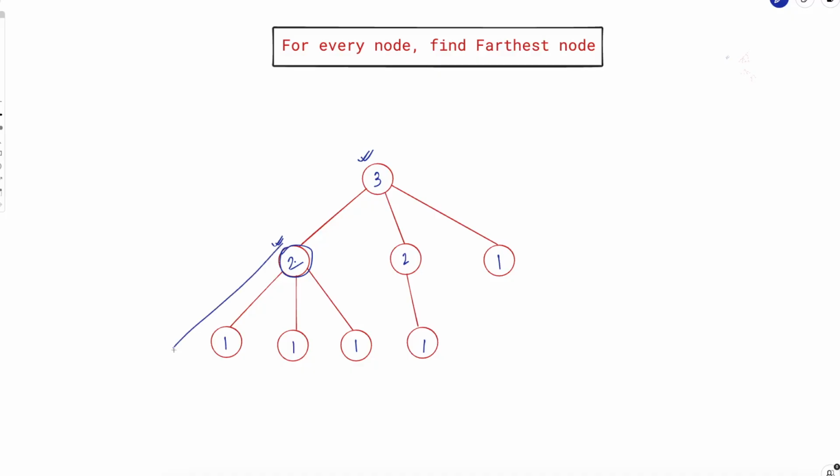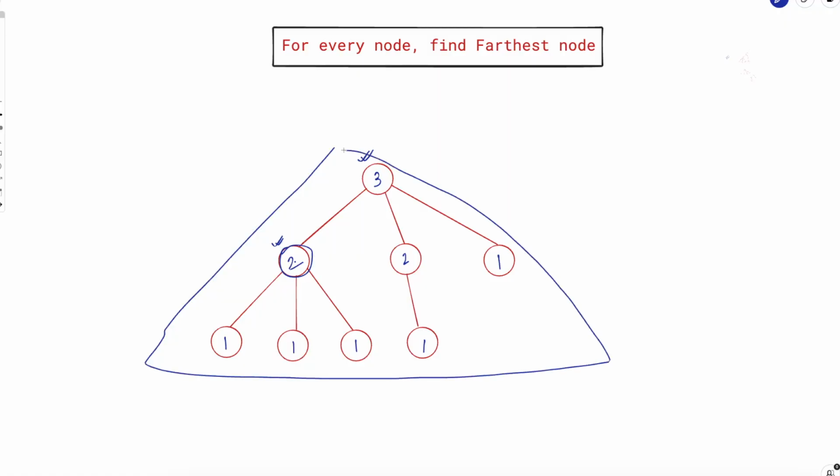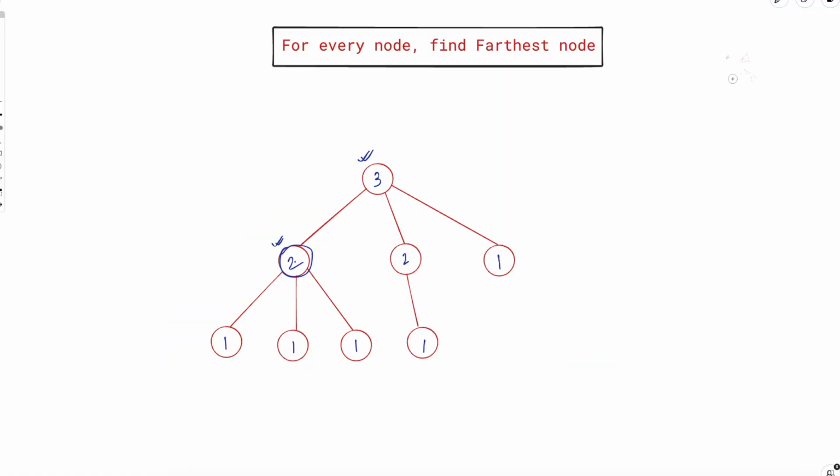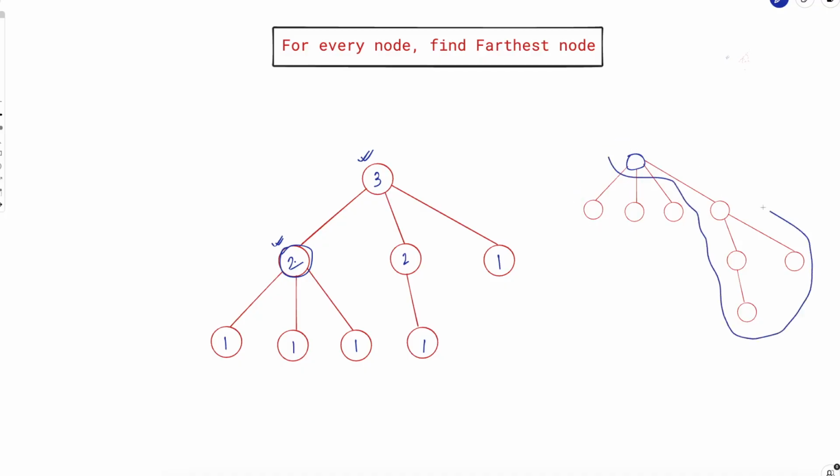Currently you know that 2 is the value for this part, but you want to know what is the value for this node in this entire tree, and for that you need to root the tree at that node, right? So one of the ways would be like you rooted the tree at this node, and you figure out the DFS. So for this tree, you want the farthest node. Currently you know what is the farthest node in this part, so what you don't know is what is the farthest node in this area.